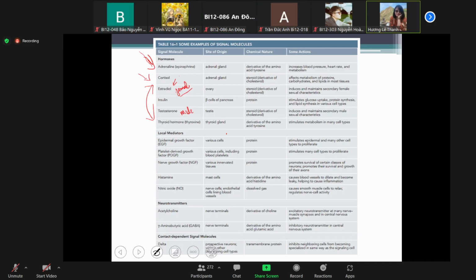Or insulin, this is one kind of hormone that stimulates glucose uptake in diabetes patients, right? So these are several types of very famous ligands. We call all of them ligands.